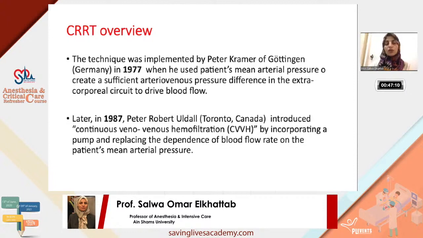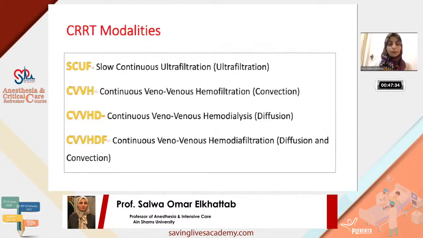Actually, this was not planned. He was trying to introduce a venous catheter. Inadvertently, it was arterial, and later on he thought about putting a pump, and this was the initiation of the most recently advanced continuous renal replacement therapy.